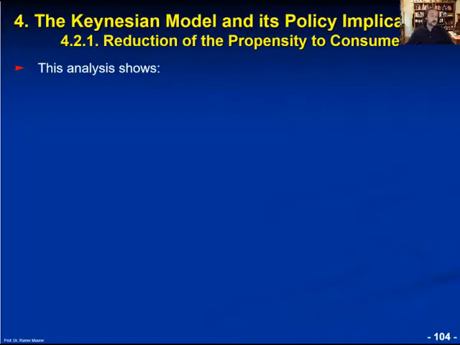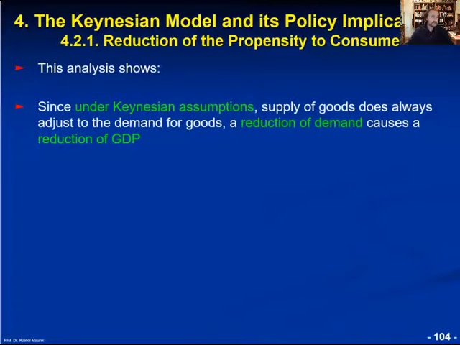So this analysis shows, since under Keynesian assumptions supply of goods always adjusts to the demand for goods, a reduction of demand causes a reduction of GDP.